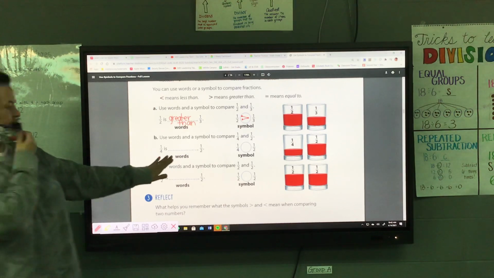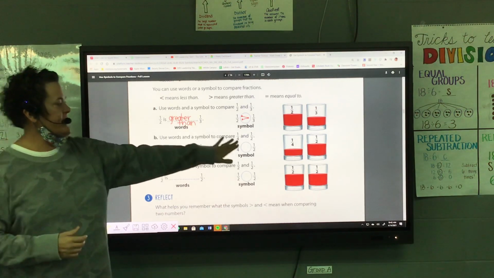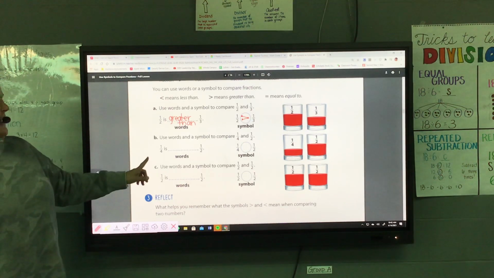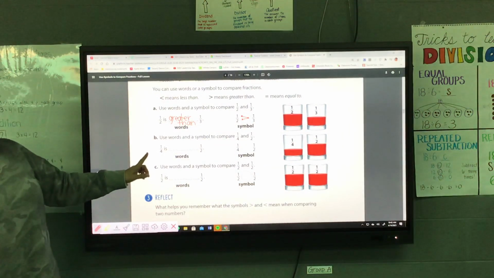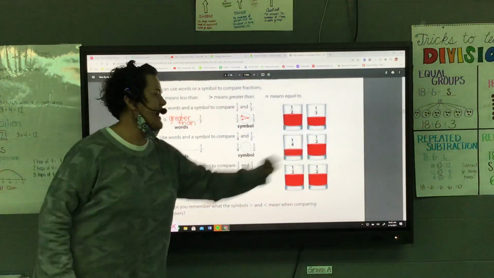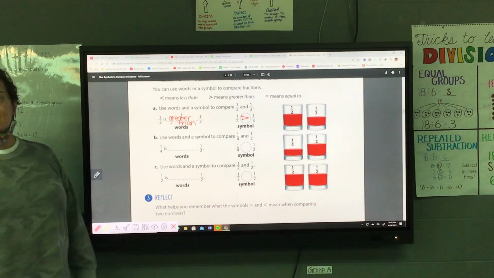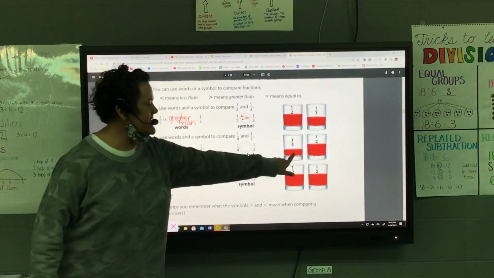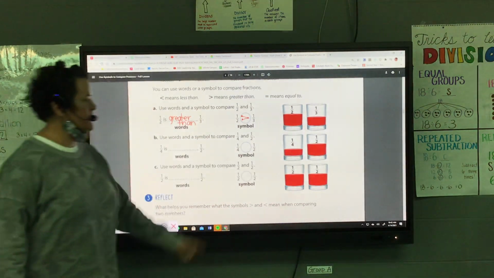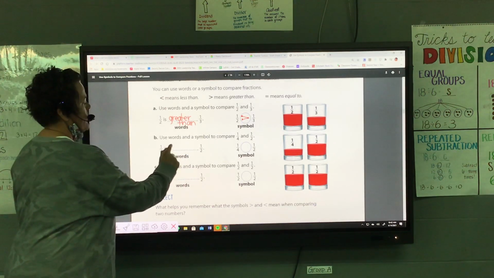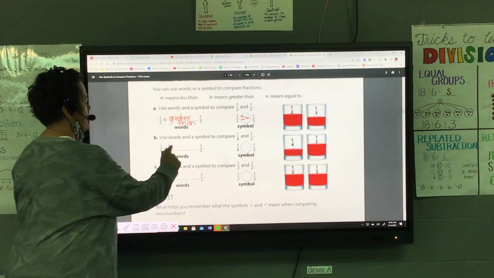Okay, we're going to do the same thing. Words and then symbol. 1/4 is less than, greater than, or equal to 1/2. Less than, isn't it? There's less in this cup than there is in that glass.